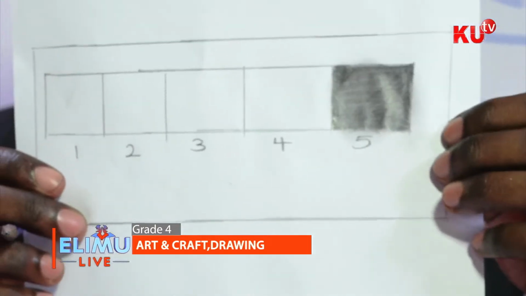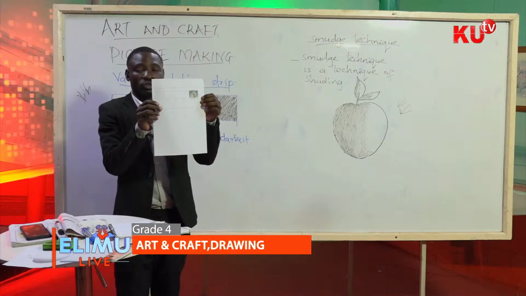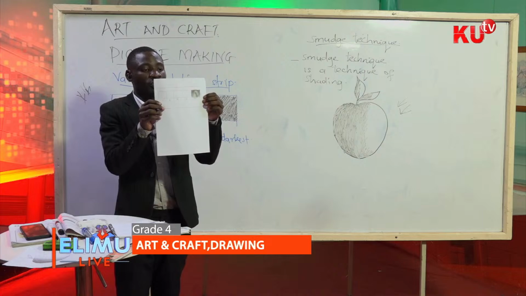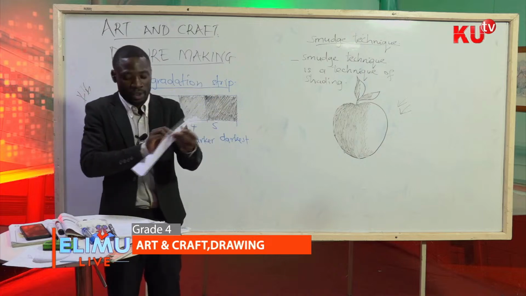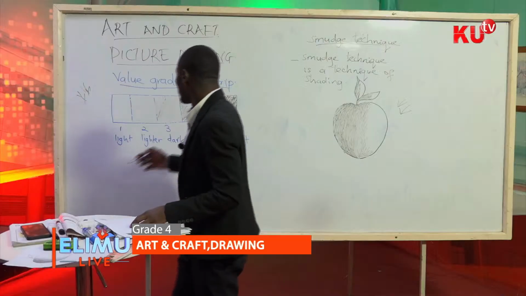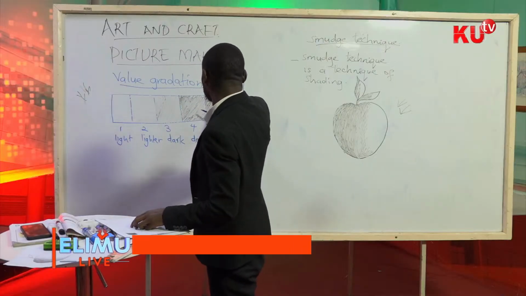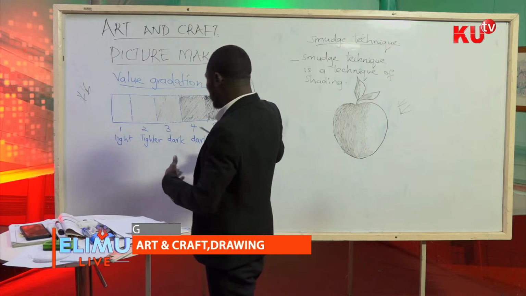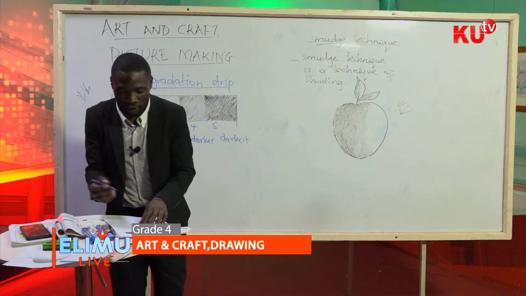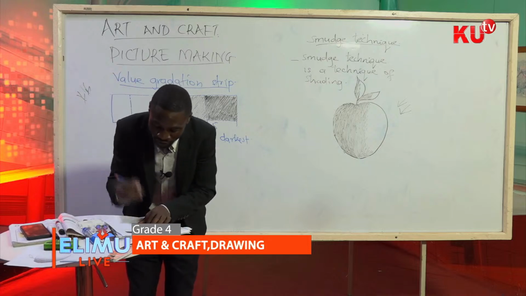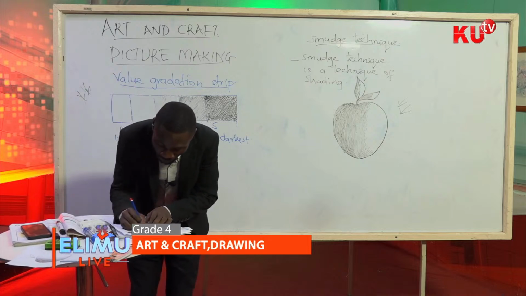So I want us to move to the next box. The next box is going to appear a bit lighter compared to the 5th one. So we'll hold our pencils again, but we won't press as hard as we did on the first one.